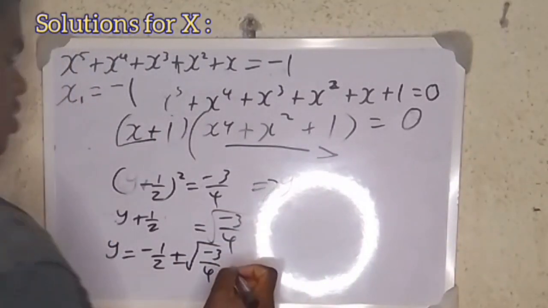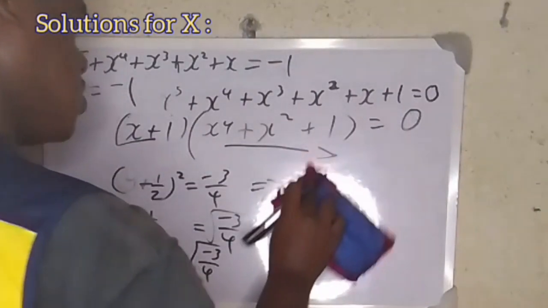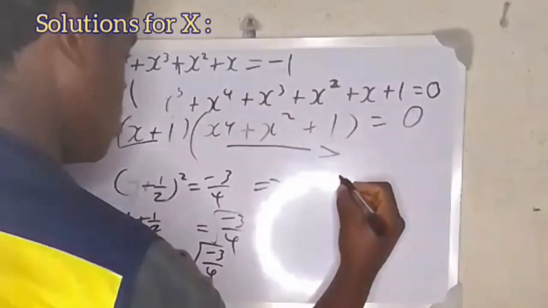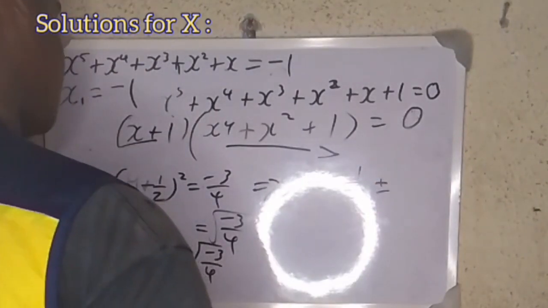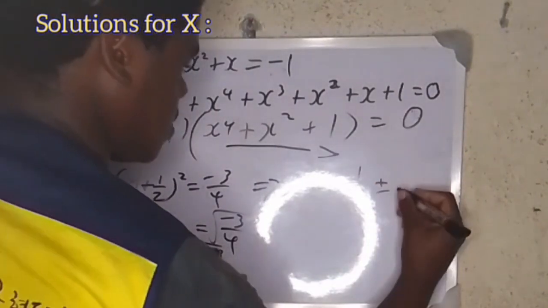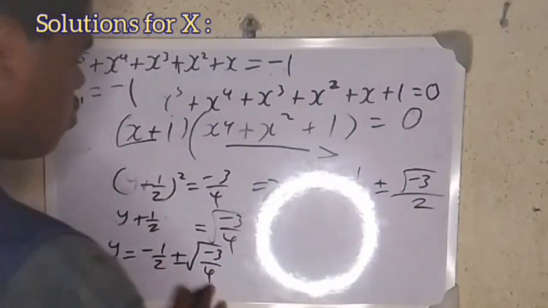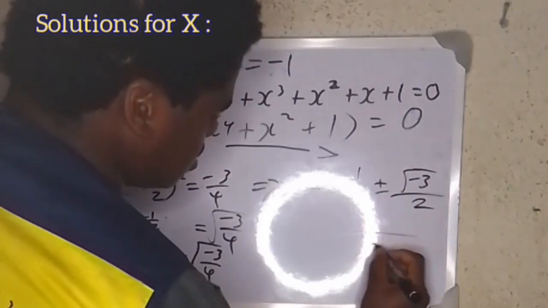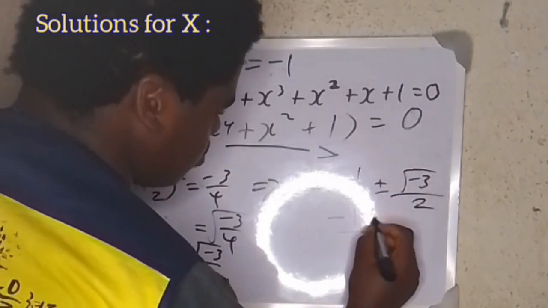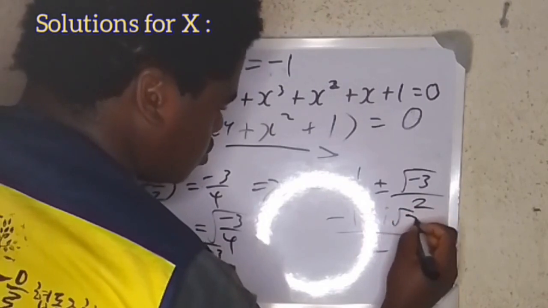Therefore, this implies that y is equal to -1/2 plus or minus the square root of -3 over 2, because the square root of 4 is 2. So we can add all these together as divided by 2: negative 1 plus or minus i root 3.